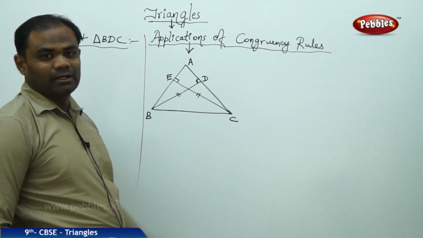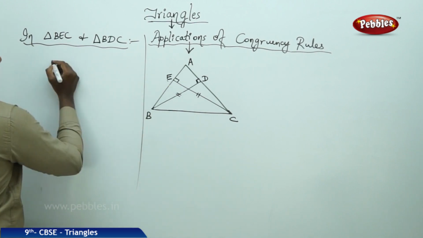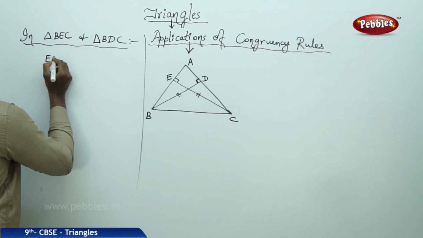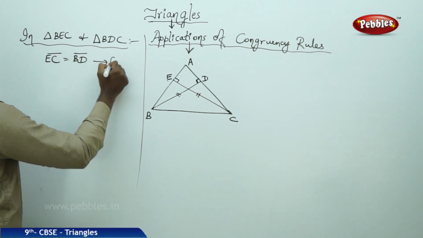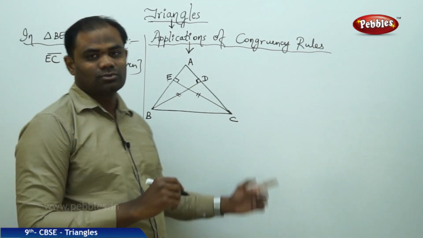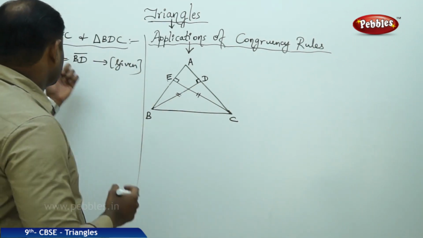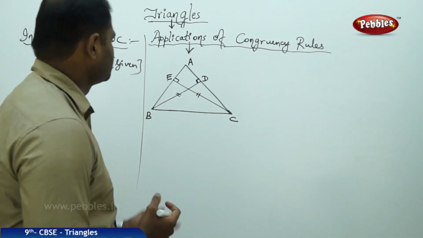So in these two triangles, clearly I have BD equals EC, or EC is equal to BD, since it is given that the altitudes are equal. So the two sides of the two triangles, triangle BEC and triangle BDC, must be equal.